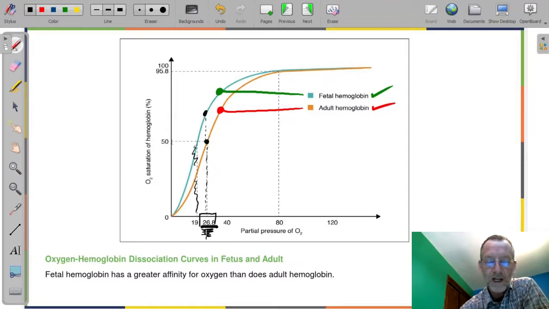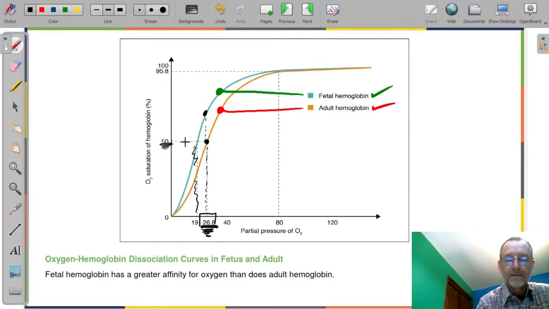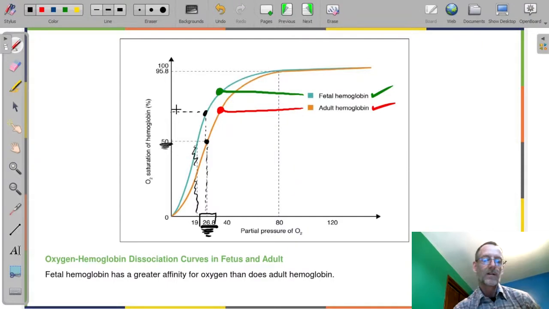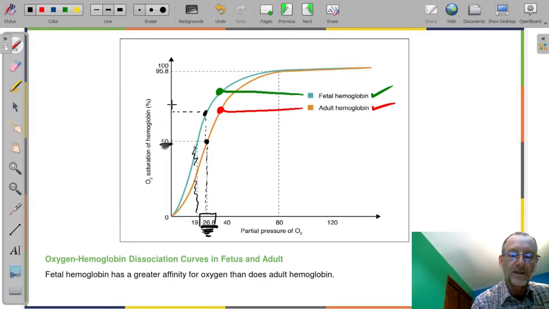So at 26.8, adult hemoglobin is 50% saturated. At the same partial pressure of oxygen, the fetal hemoglobin is a good deal more saturated. I don't know, let's say maybe 70%.